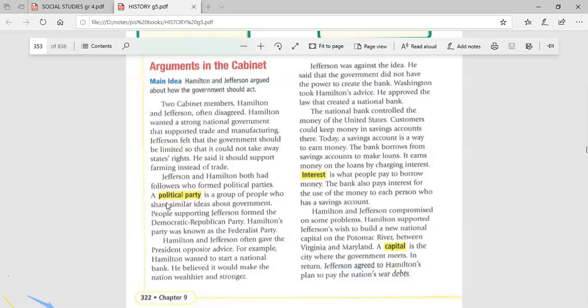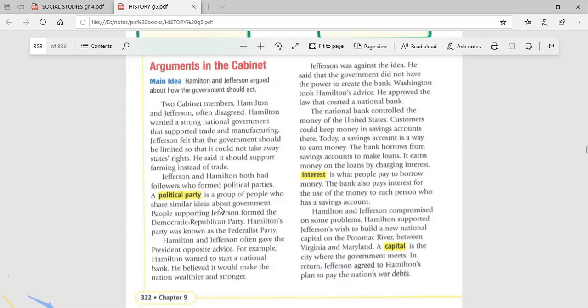Guys, do you understand the meaning of political party? This is very important. If you have some ideas and your friends or followers have the same ideas, now you made a party. So each one of those secretaries formed a separate political party.